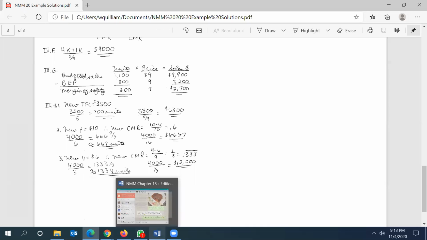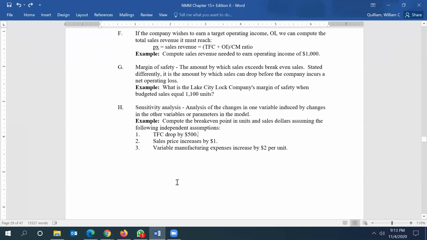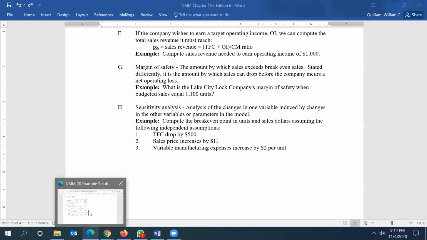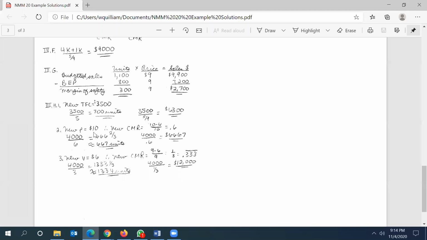Now, let me come to the second scenario. What if the sales price increases by $1? So coming here to my PDF, the new price is 10, so it goes from 9 up to 10. Therefore, the new contribution margin ratio, well, the numerator is contribution margin per unit, which is $10, the new price, minus the same old $4 of unit variable cost.